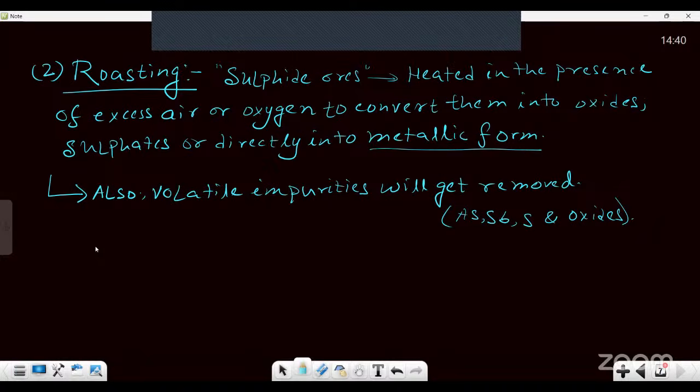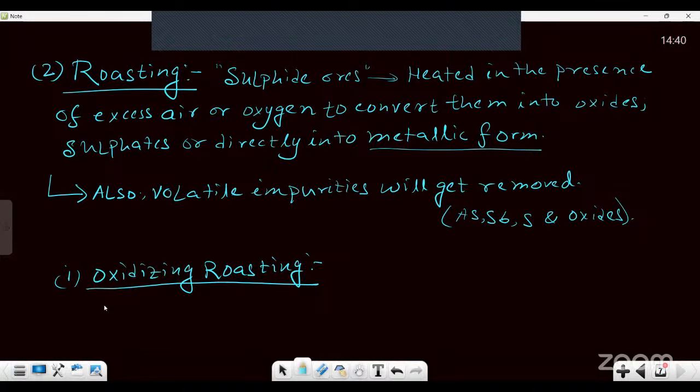Now, we have different kinds of roasting. First I should talk about oxidizing roasting. What is oxidizing roasting?